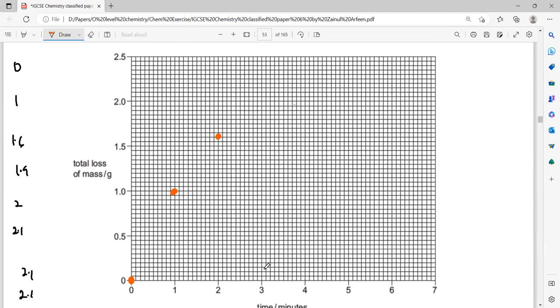Then at 3, it is 1.9, so two boxes below 2. Then at 4, it is 2.1. So this one is representing 2 and this is 2.1. And then at 5 also 2.1.